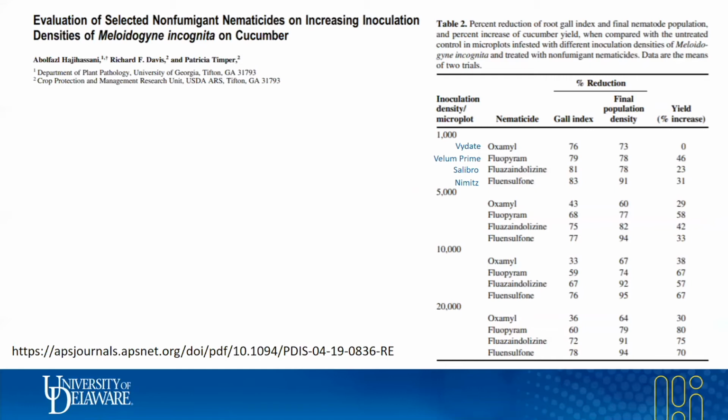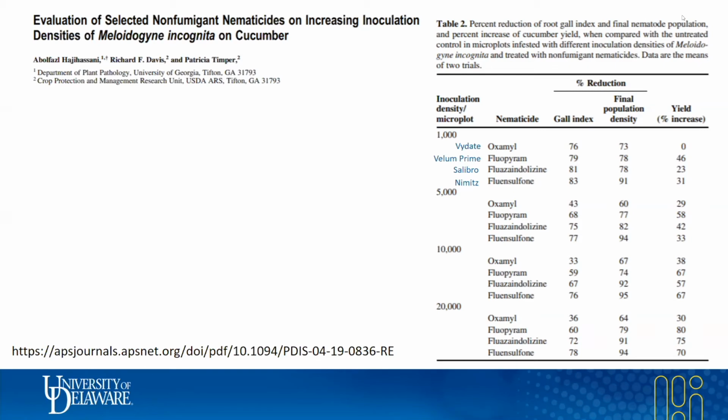In this slide, I have some data from some work out of Georgia. In this, they were looking at some of these products at different inoculation densities of nematodes. So they were putting nematodes into these plots at either 1,000, 5,000, 10,000, or 20,000.